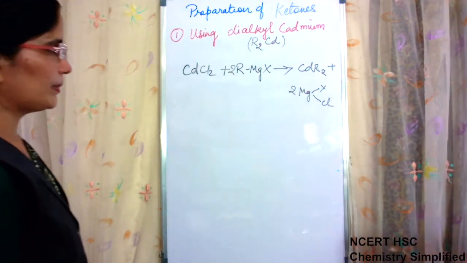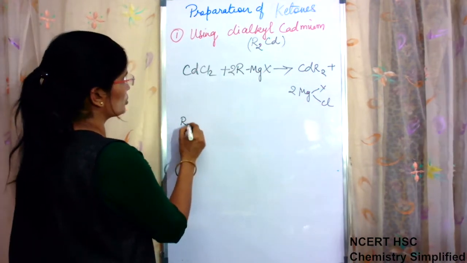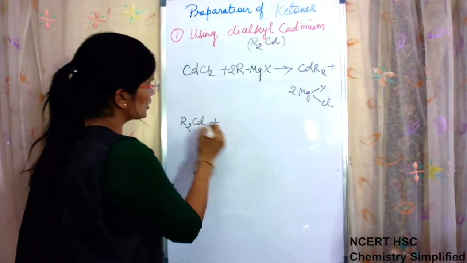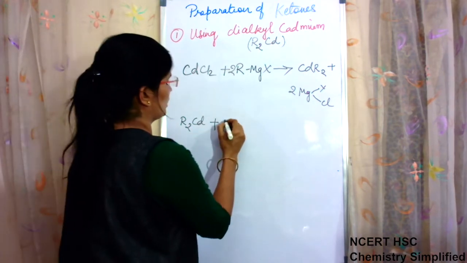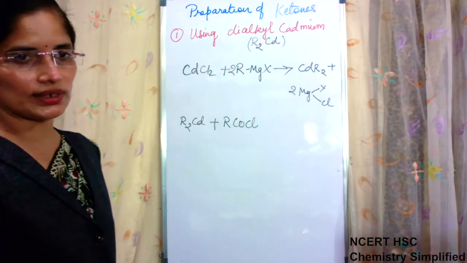Now it is prepared from Grignard reagent. Now this R2Cd is made to react with RCOCl, acid chloride.